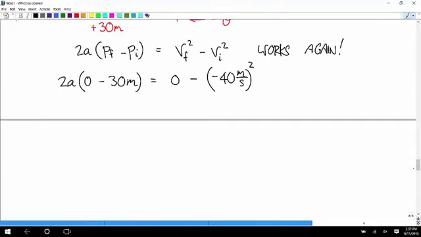And it's important to notice that you're squaring the initial velocity, and the initial velocity is negative 40. So this negative goes inside the parentheses.